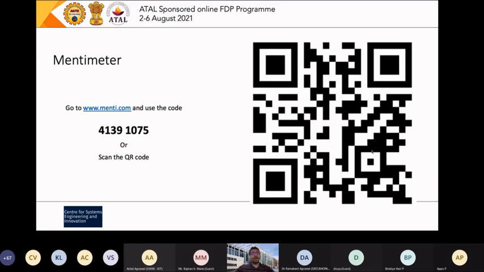All you need to do is go to www.menti.com on your computer, and when they ask for your code, type in 4139 1075. Alternatively, you could scan this QR code, which should take you to the same page. But the most robust method is menti.com, 4139 1075. I'll leave 10 seconds so people can do that.